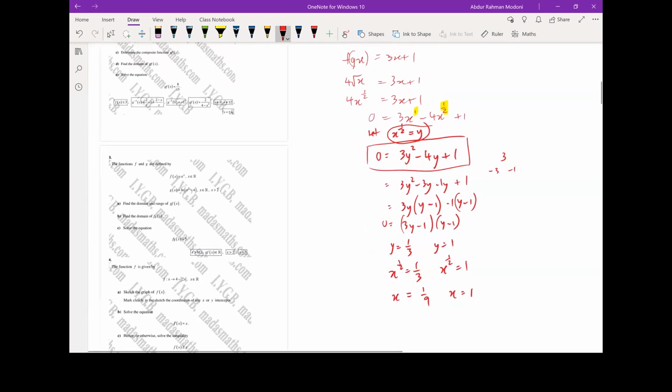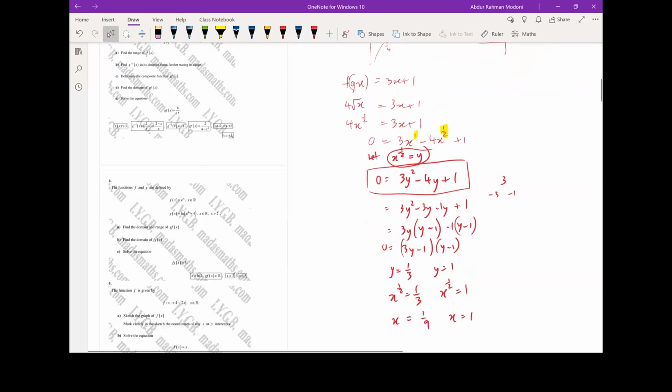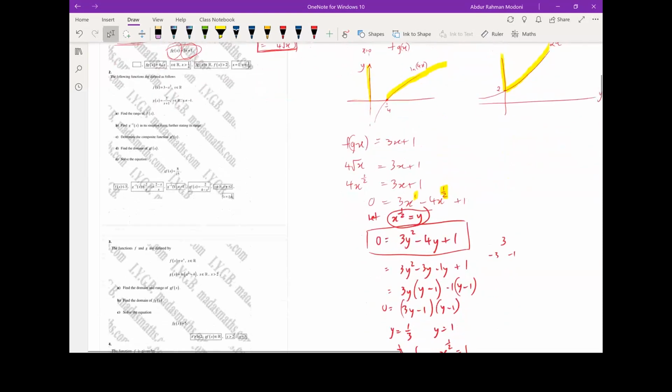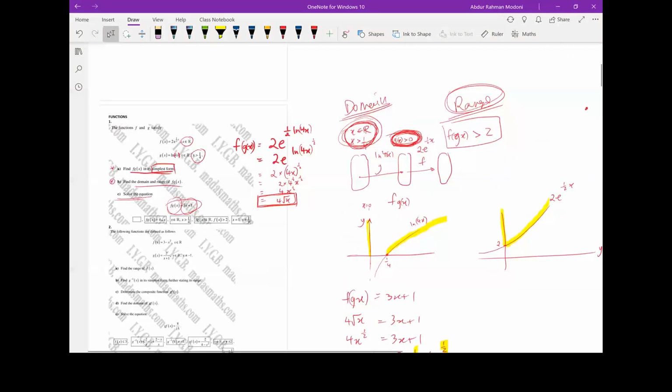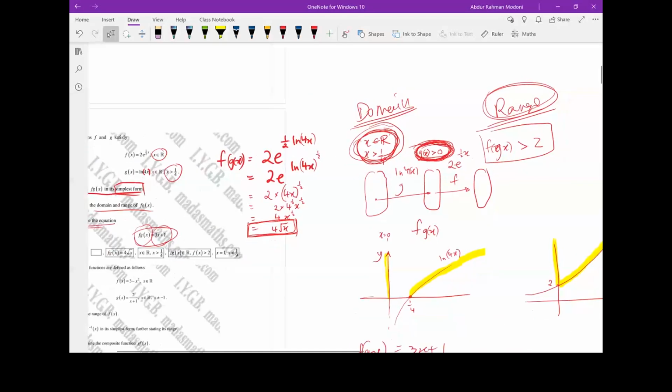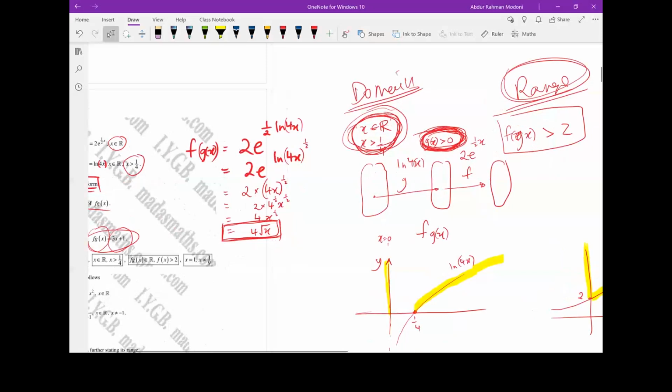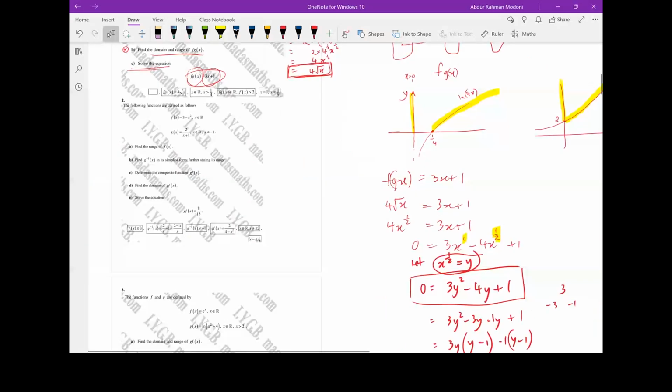Now be careful here. Don't just leave it like that. Actually check, are these results valid for the question that we're trying to solve? Are both of them valid? Well, go and look at what we had originally. Look at the domain of the function that we're solving. x must be greater than a quarter.